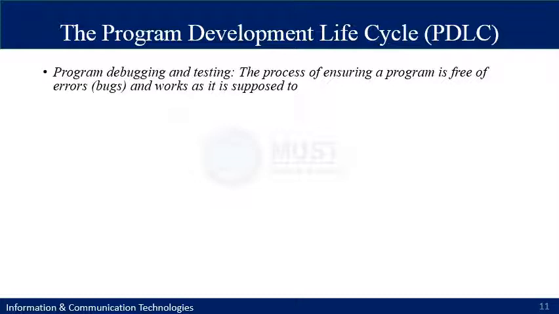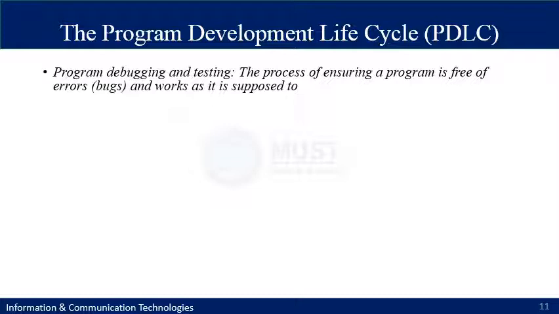So in the fourth phase, when you have developed the program and translated it into code, the next phase requires you to debug it for errors and test it so that it can execute in the real environment.